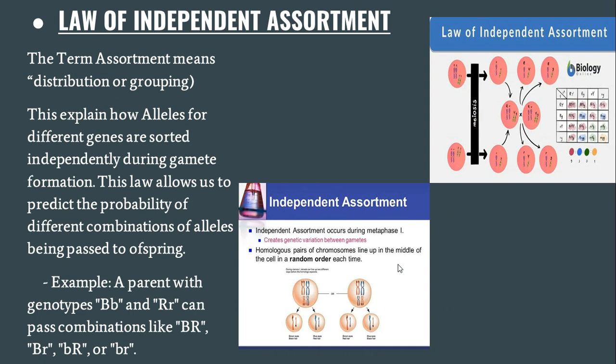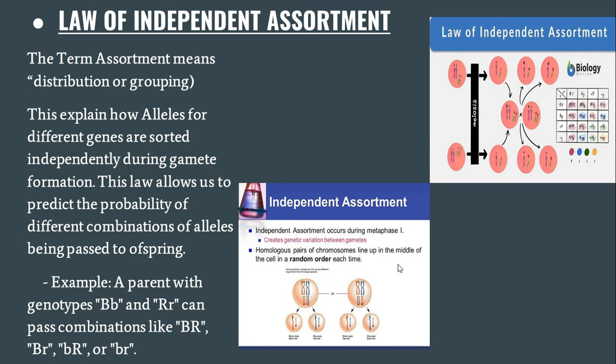The homologous genes are in pairs; the chromosomes are in pairs. So there is a probability that the offspring will have brown eyes and black hair, and the other one will have blue eyes and red hair, from both parents.